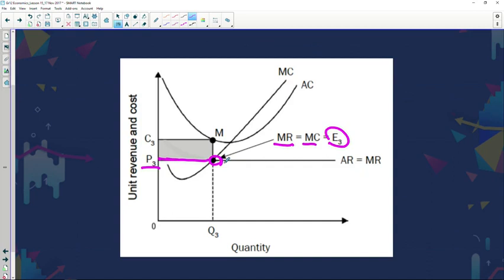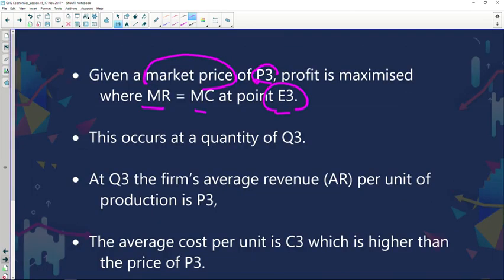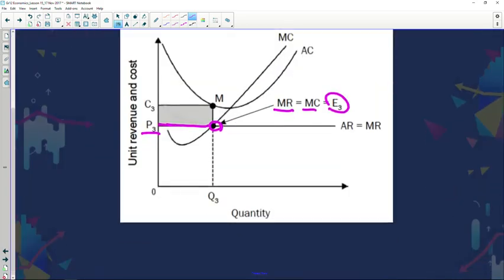At this point, MR equals MC, and this occurs at a quantity of Q3.